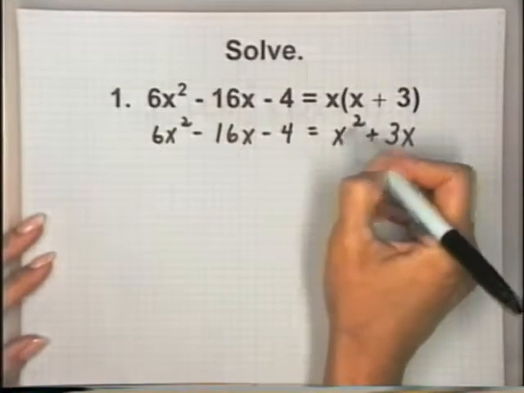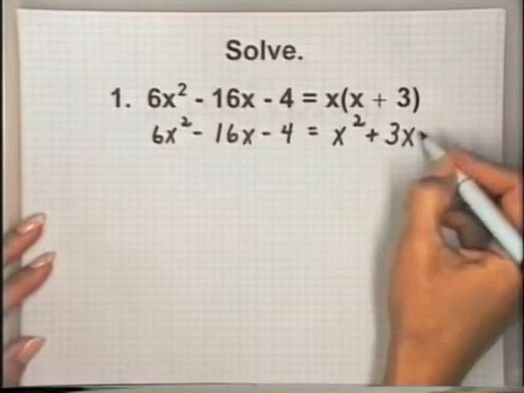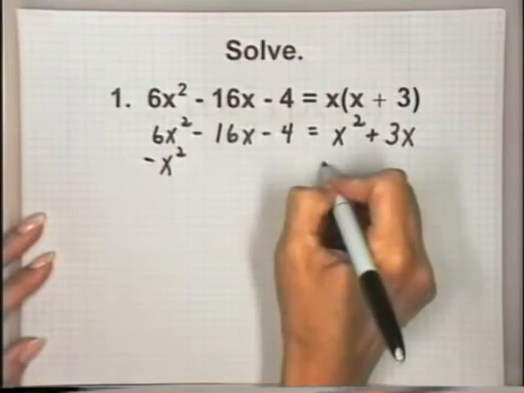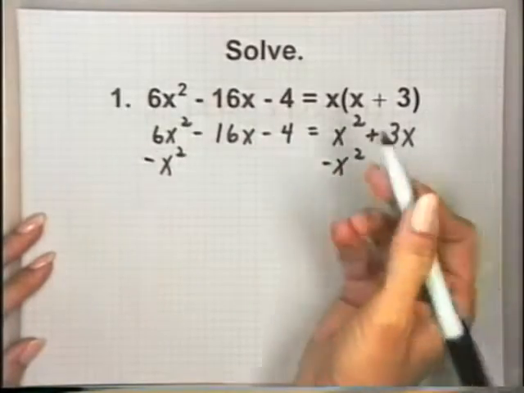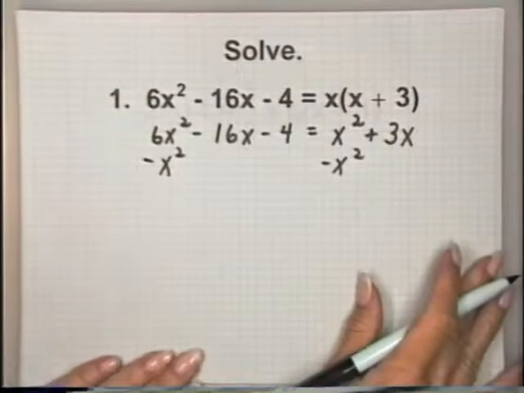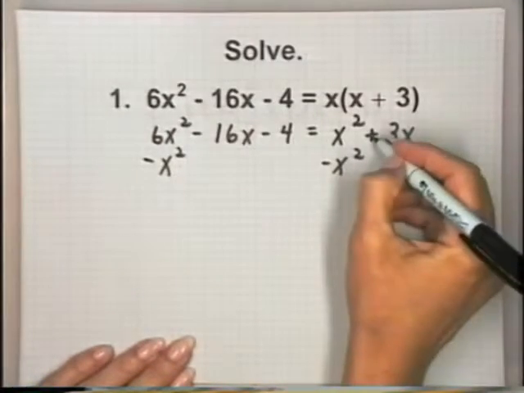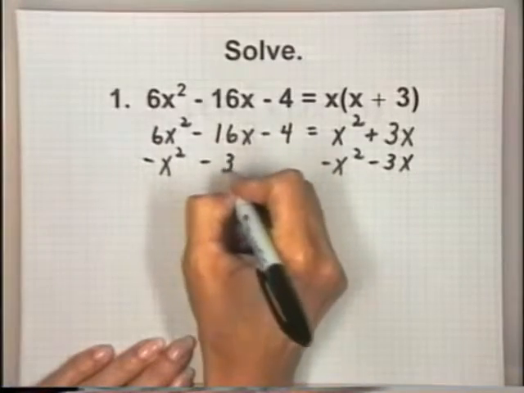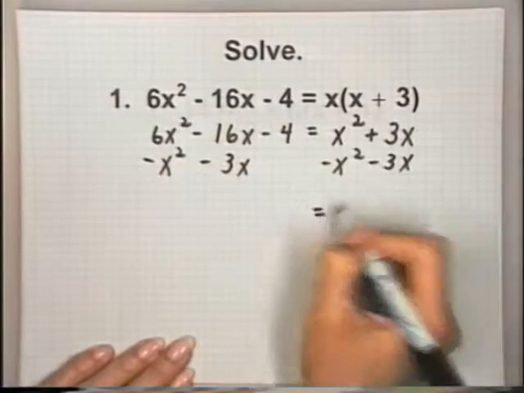I'm going to choose to move the x squared and the 3x. I move the x squared by subtracting x squared from both sides of the equation, and of course I line it up under its like term because we know we can only add and subtract like terms. Likewise, I need to subtract the 3x from both sides of the equation.